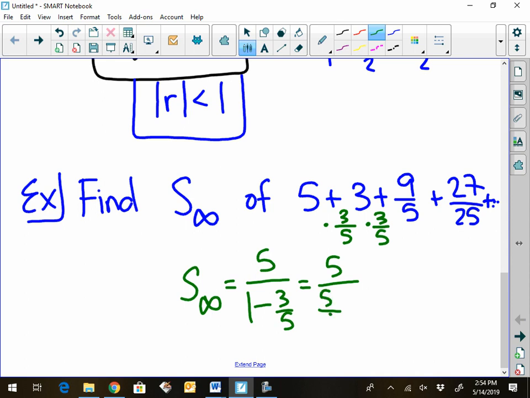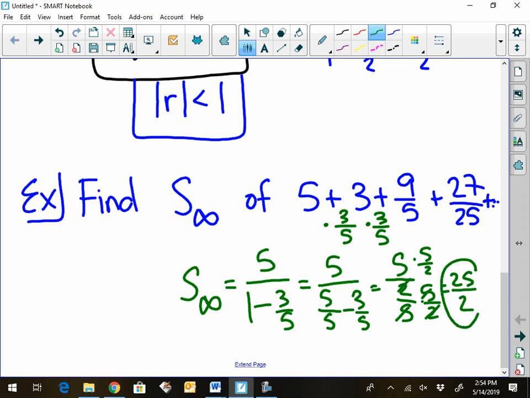Some of you will. 5 over 5 minus 3 over 5. So we're just simplifying the bottom there. We get 2 over 5. We'll multiply by our reciprocal by 5 over 2. We end up with 5 times 5 is 25 over 2. You can leave it like that, or because we have an exact decimal, you might see it written like that also. So we get our infinite sum of 12.5, or 25 over 2.